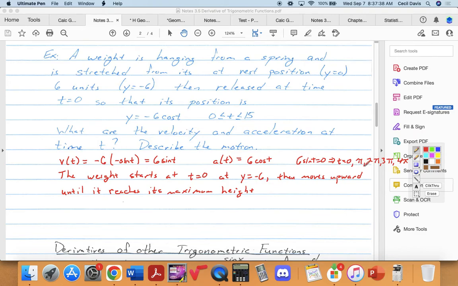And that's going to happen at time pi. Let's see, negative 6 times cosine of pi. Cosine of pi is? Negative 1 times negative 6 is 6. At t is equal to pi.